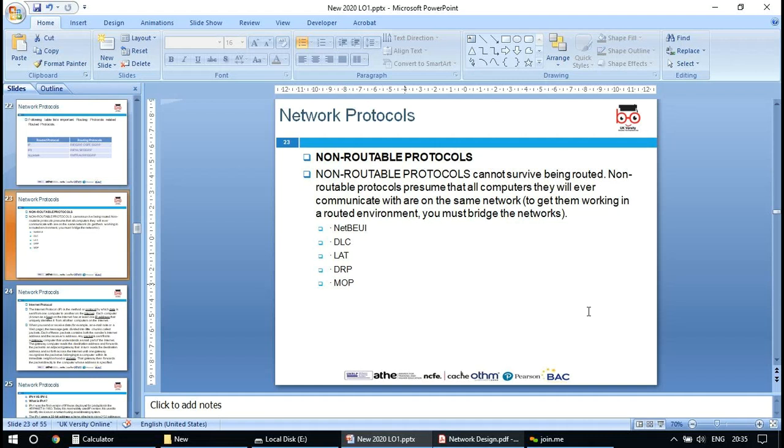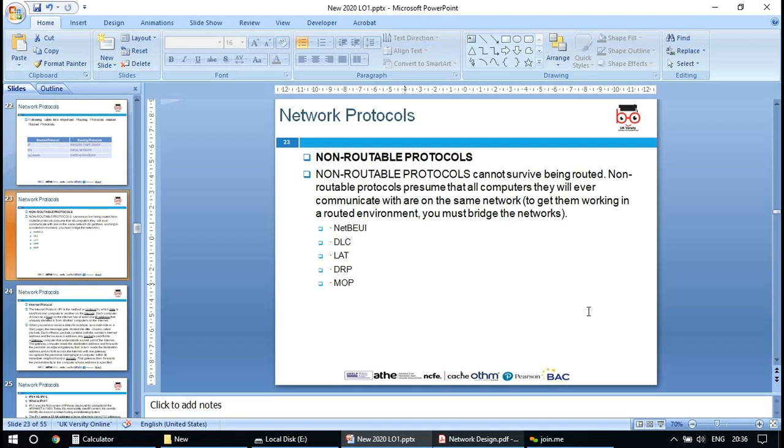non-routable protocols. And these aren't really used today, are they? They're not common, are they? Yeah, they are not common. Nowadays with the devices we are using, we shouldn't be bothered whether it's non-routable or routable.